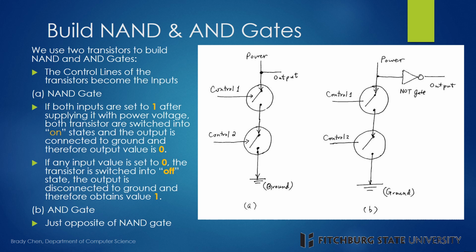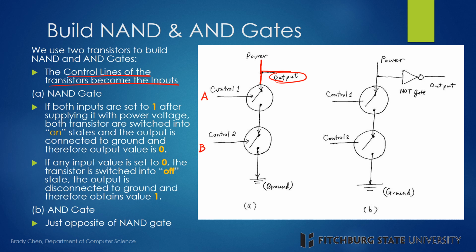We have transistor 1, which has a control line we call A, and the bottom transistor has a control line we call B. The control lines of the transistors become the inputs. The collector side of transistor 1 connects to the power source, and it is also defined as the output for the NAND gate.